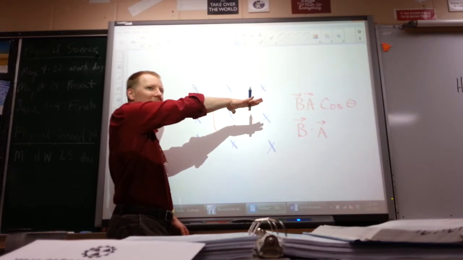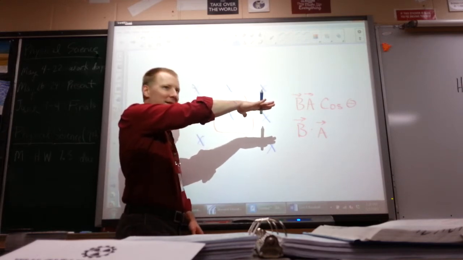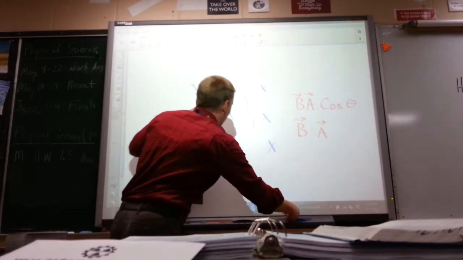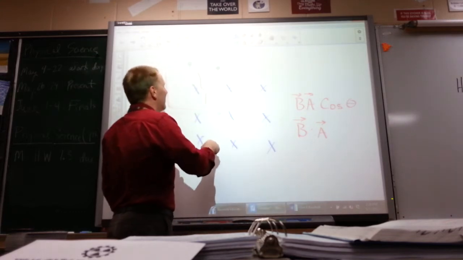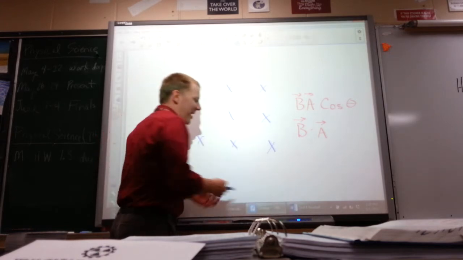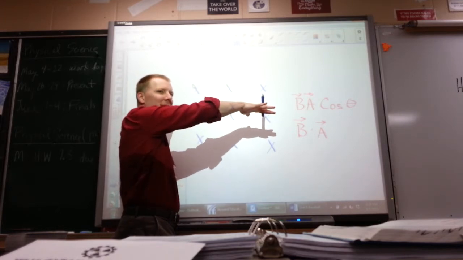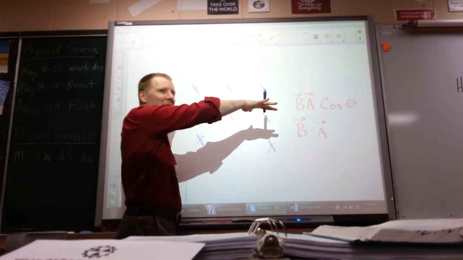So you're rotating the magnetic field. I'm rotating just the loop, not the magnetic field, just the loop. So the loop has its own vector that's pointing either in or out, but now I rotate it, and so the vector is either pointing up or down.